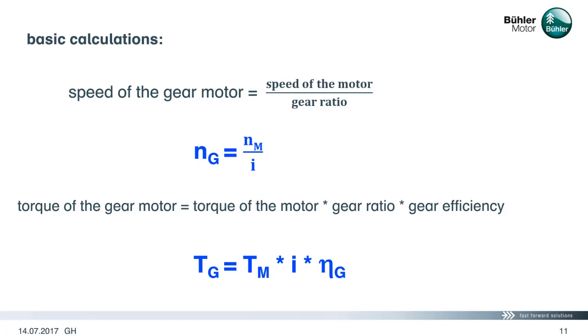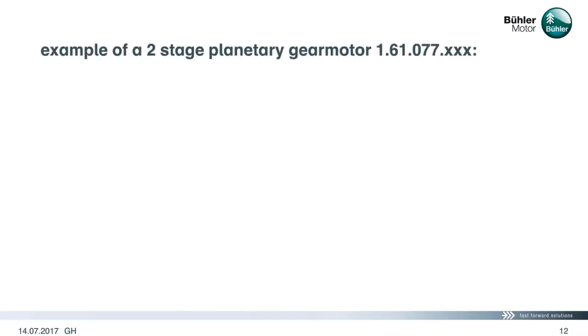The gear ratio, which is the relationship of the number of teeth in the gear train, is specified in the datasheet of the gear motor. Also, the number of stages which define the gear efficiency is stated in the gear motor specification. As an example, we look at a two-stage planetary gear motor type 161077XXX.